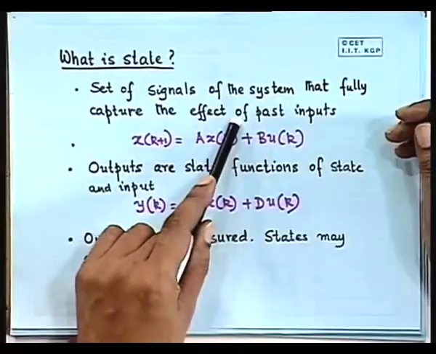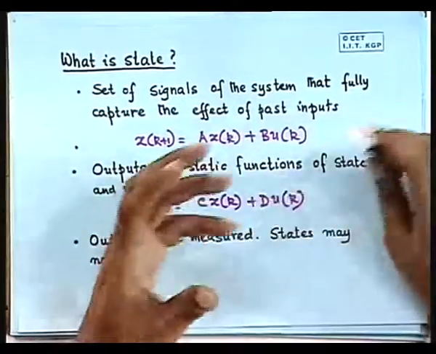So people proposed models by which this property can be circumvented, and the concept of state came in. Now we say that if you know the states, then they hold all the information about the past. So you only need to know the state at a given point of time and the inputs from there on. The past is encoded into a finite number of quantities. That is the biggest advantage, right? So now you have x1, x2, x3, x4, up to xn, quantities which will hold the effect of all the past inputs.